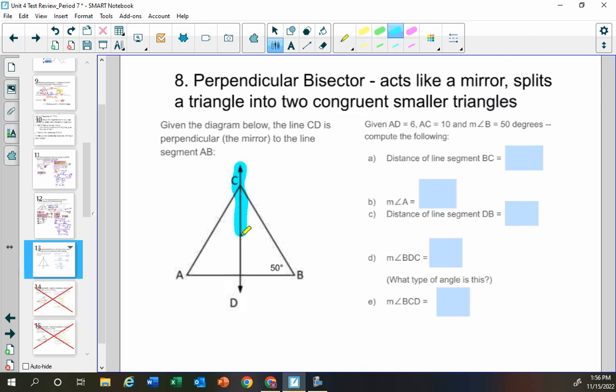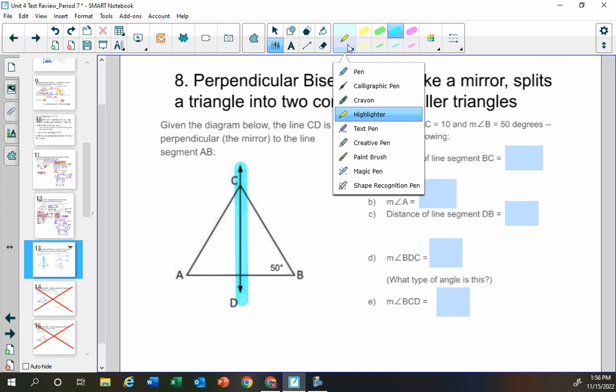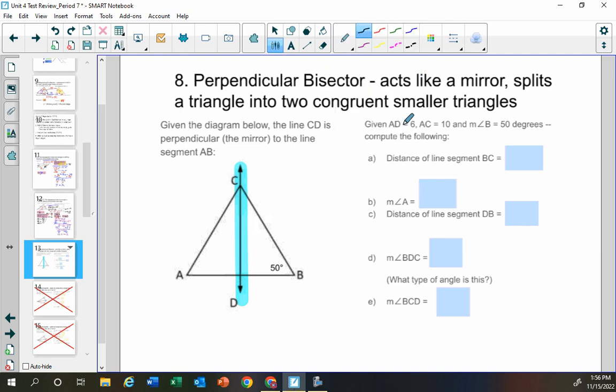This line goes right down the middle. And what happened was I gave you some information. AD, remember, A to D is this distance down here, which is 6. And I also gave you A to C, which was 10.